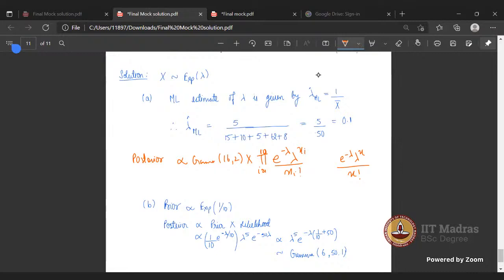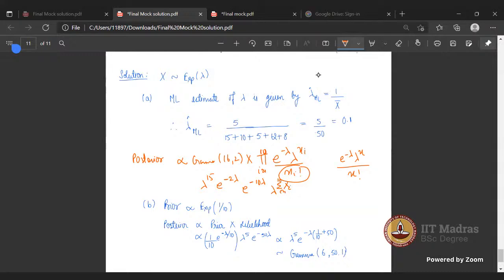Right? So the gamma distribution is going to be lambda to the power alpha minus 1, so lambda to the power 15 and e to the power minus 2 lambda. And 1 upon x factorial you can just ignore because this is a constant term. And I can write this as e to the power minus 10 lambda and lambda to the power sum over xi.